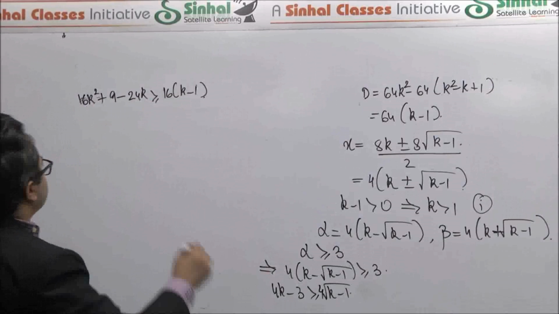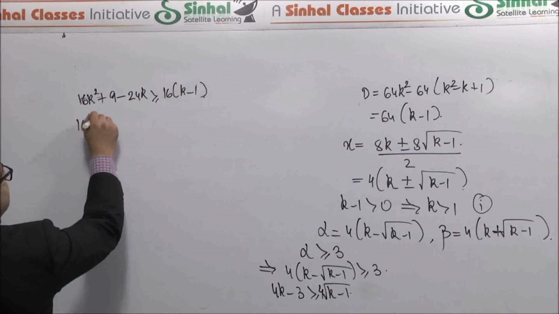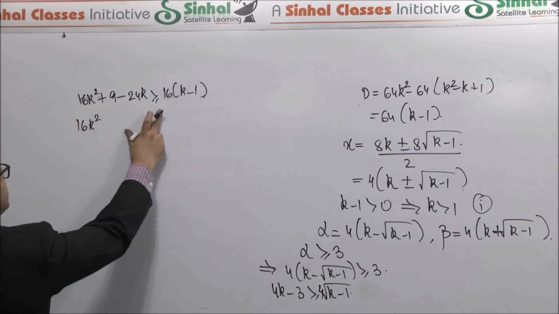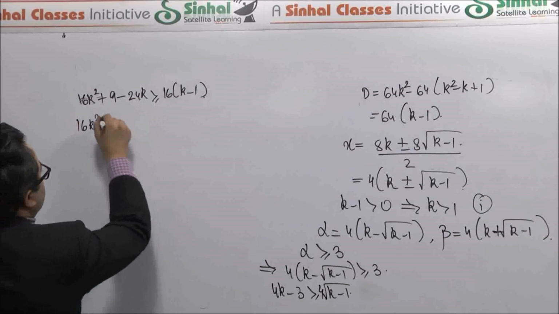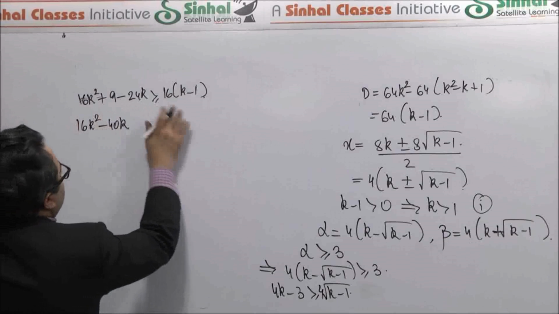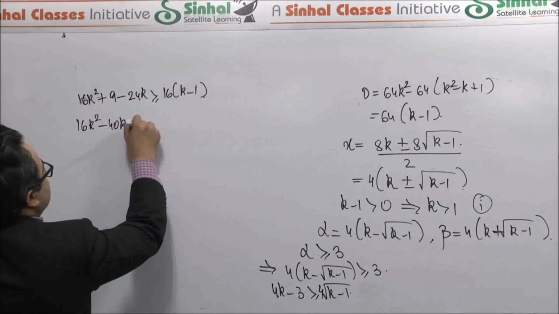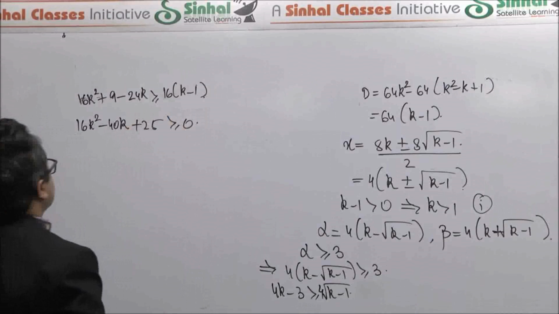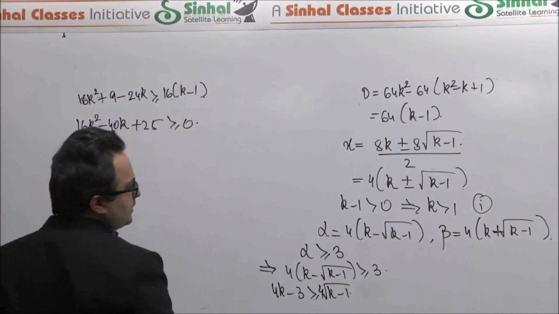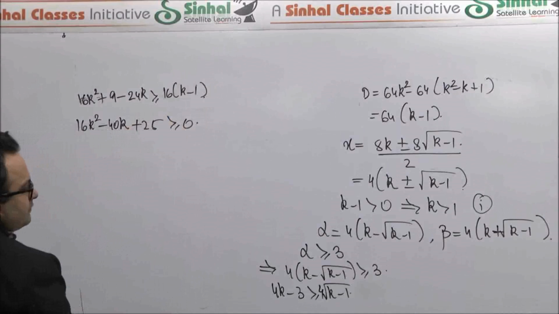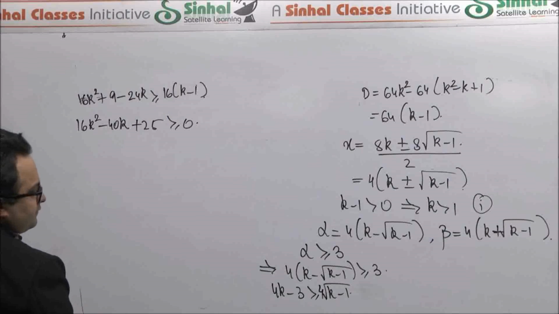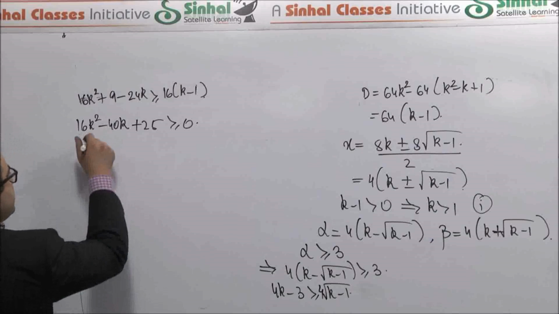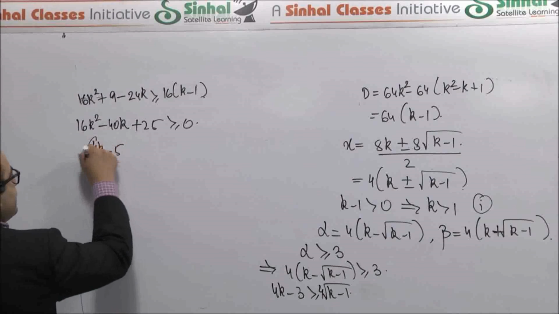So we get minus 24 minus 16, so that will be minus 40, and 9 plus 16 plus 45... which is turning out to be, interestingly, a perfect square, so it's 4k minus 5 whole square.